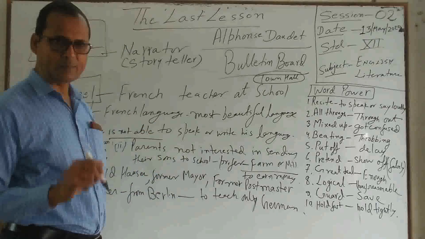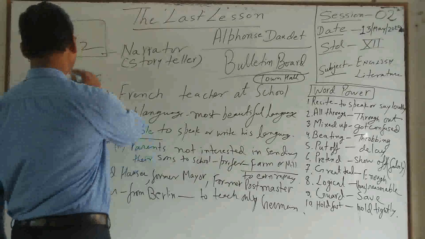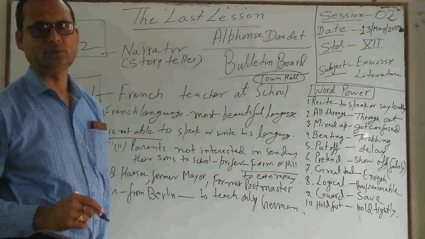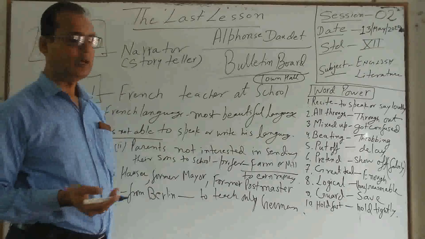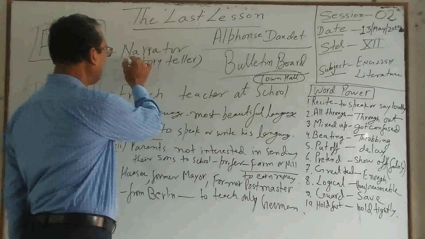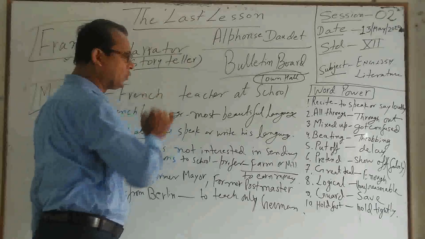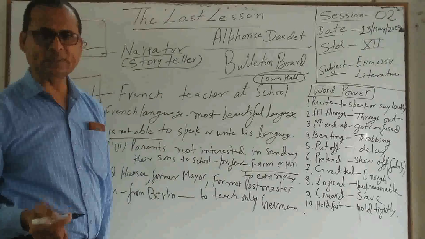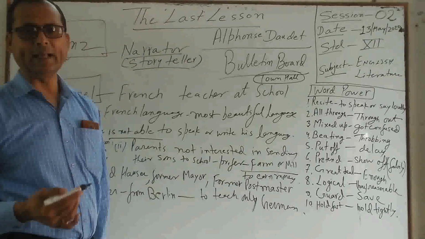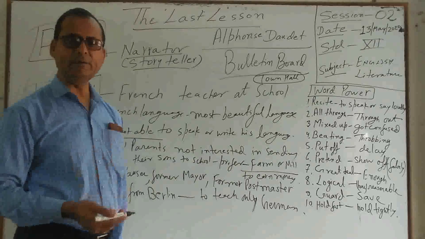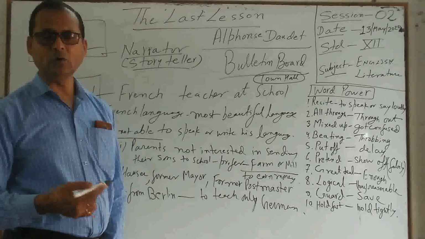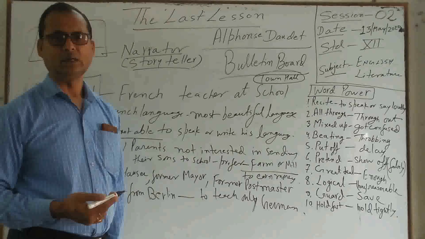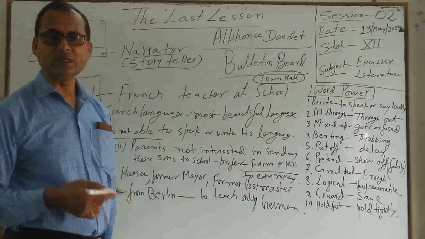This chapter has one character, Franz. He is a student, and here he is the narrator, a storyteller. He described how the students of this area are not so much interested in their study.